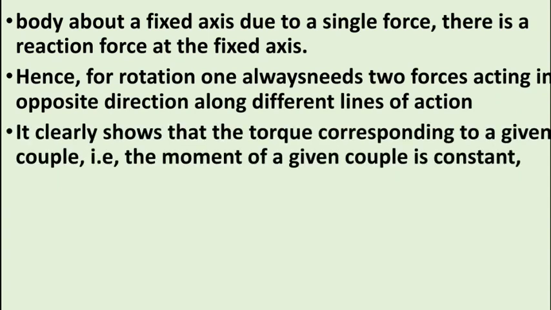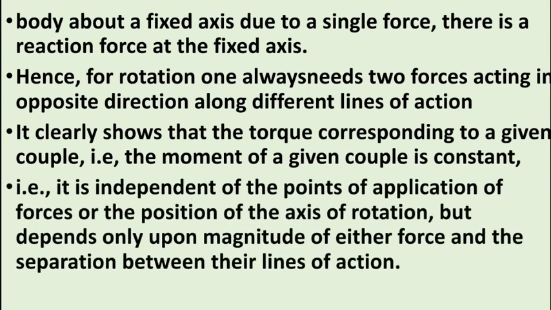It clearly shows that the torque corresponding to a given couple, the moment of a given couple, is constant. That is, it is independent of the points of application of forces or position of the axis of rotation, but depends only upon the magnitude of either of the forces and the separation between their lines of action.